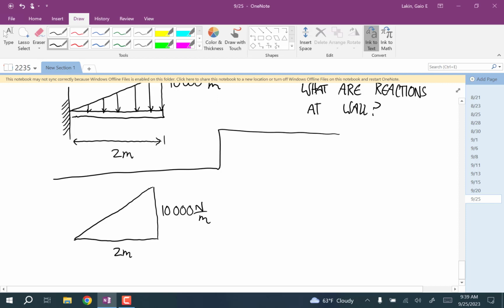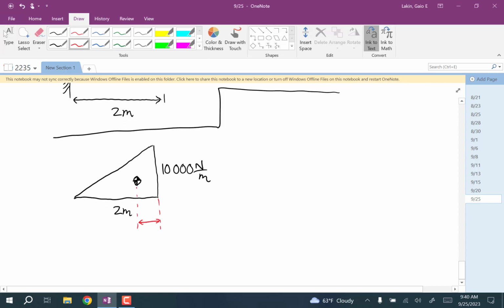The centroid of this shape is a third of that 2 meters from this side.